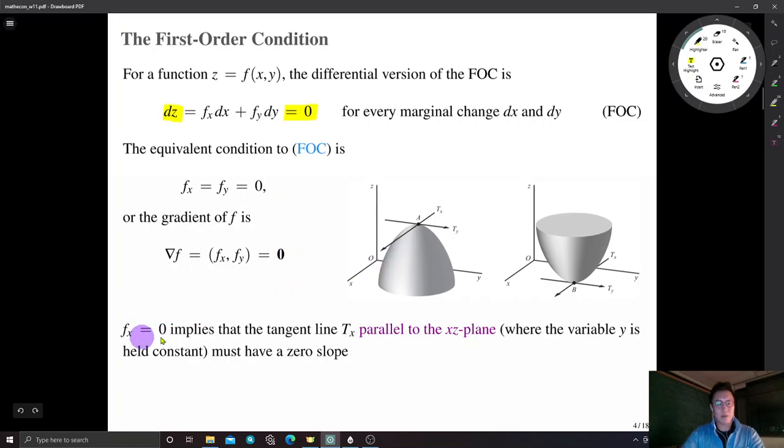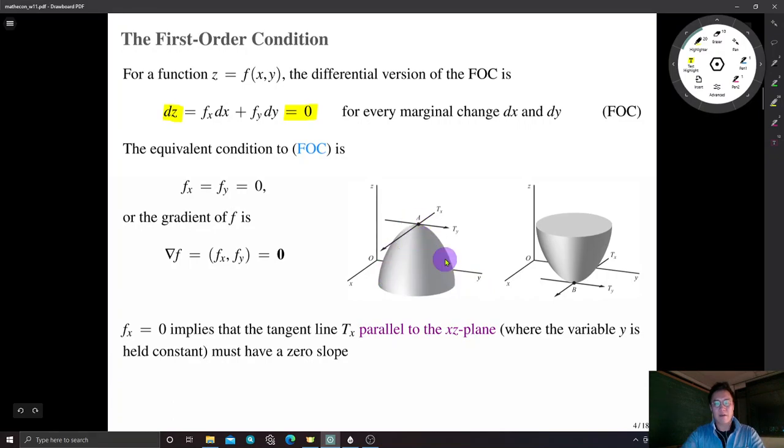If you think about the geometric interpretation of this condition, I have two graphs here. When the function depends on two variables, the graph of the function will be a surface in three-dimensional space. Okay? So we have the z-axis, x-axis, and y-axis. And the graph of this function has a local max.